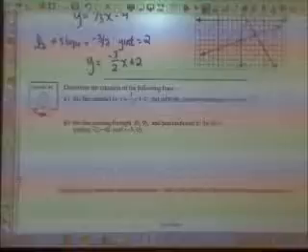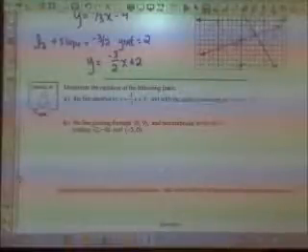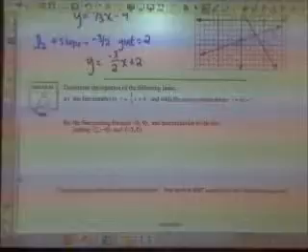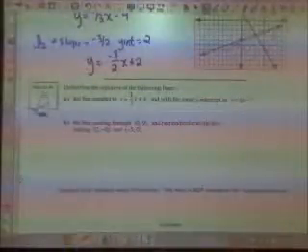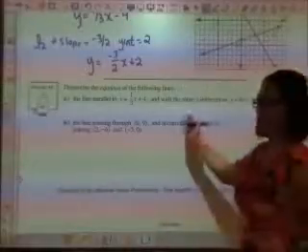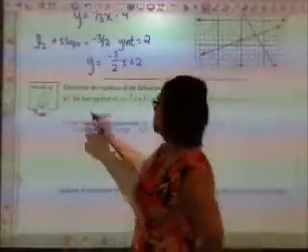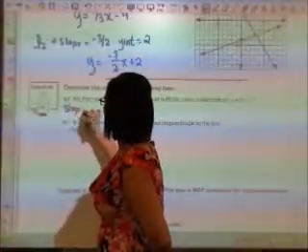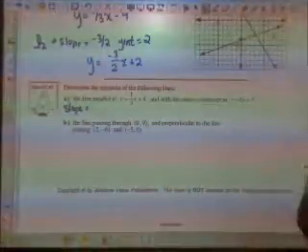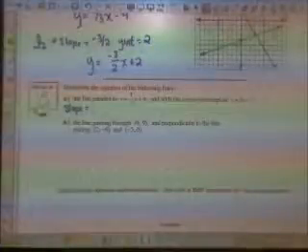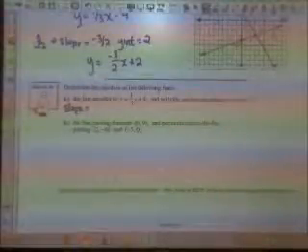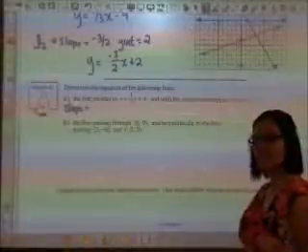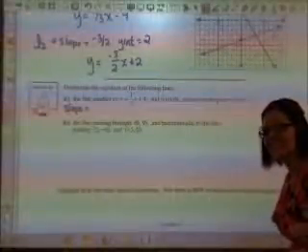So the first line is parallel to the line y equals 1/3 x plus 4, and it has the same y-intercept as the line y equals 6x minus 7. So I need to determine slope and y-intercept. If it is parallel to this line, what will its slope be? The same, which means it would be 1/3.